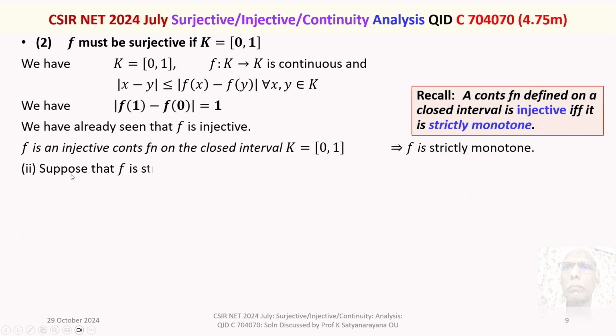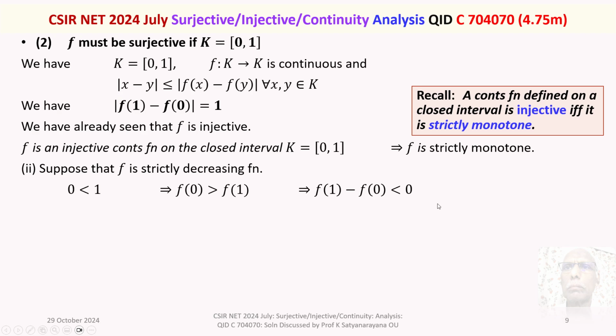That is, suppose f is a strictly decreasing function. Now 0 less than 1 will imply f of 0 greater than f of 1. Why? Because strictly decreasing, and that will make f of 1 minus f of 0 negative. And go back to this. When it is negative, the mod of that is minus of f of 1 minus f of 0.